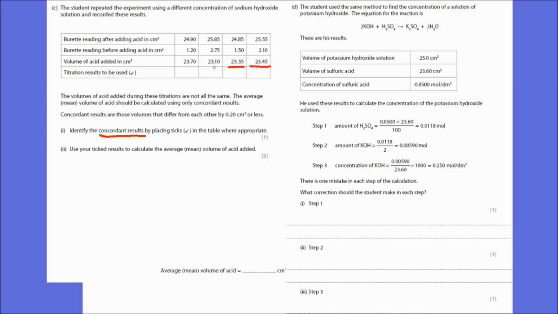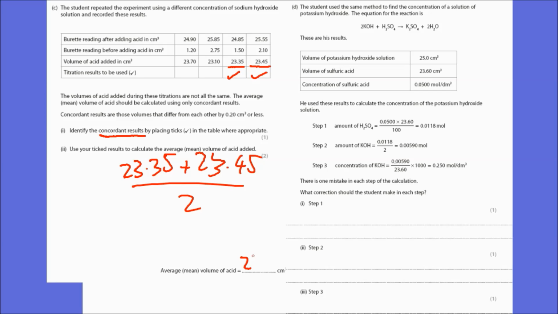You can see that this is a little bit further away. This is 0.25 away from that one, which is a little bit far. So we're going to just pick those two results, and that enables us to then take an average volume. And we can work that out as 23.40.